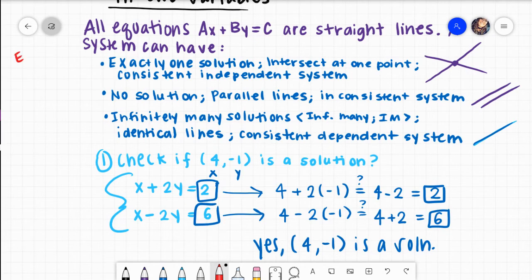This doesn't mean it will always be written like this, but an example of exactly one solution would be similar to x equals a number, and y equals a number. No solution is going to be a contradiction.